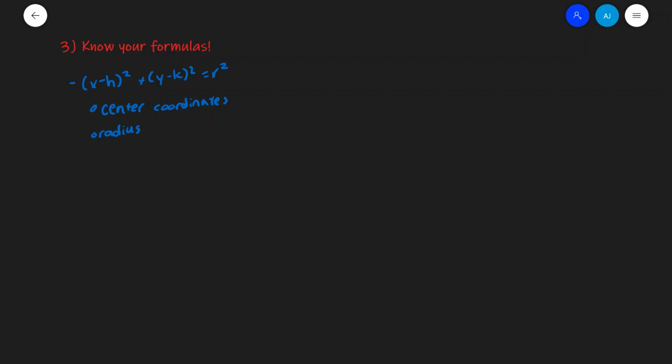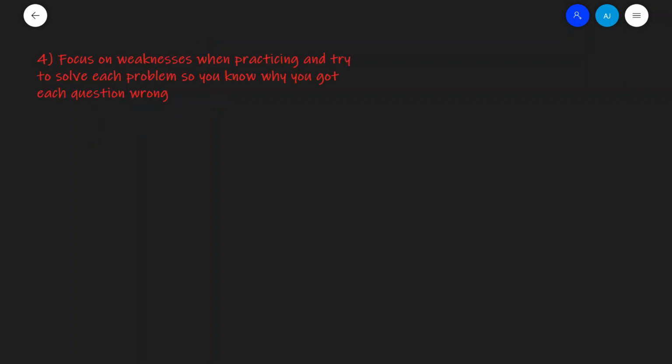This is not on the formula sheet given on the SAT, so it's really helpful to know these formulas beforehand through practice. The fourth tip I have is, when practicing, focus on your weaknesses and write the problem out to understand why you got each question wrong. Not all topics are covered equally, so you need to know that certain topics appear on the test more often than others, and it's better to understand your weaknesses beforehand.